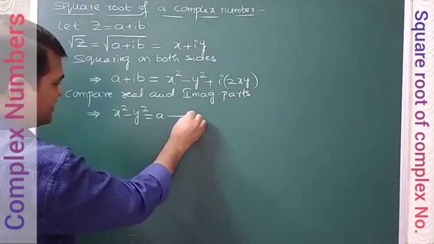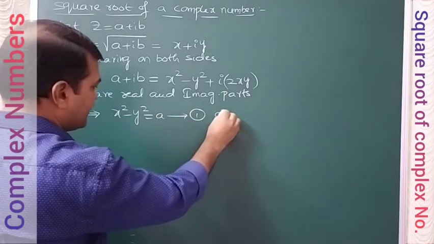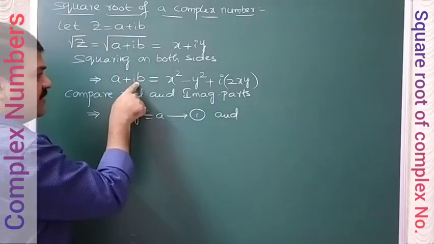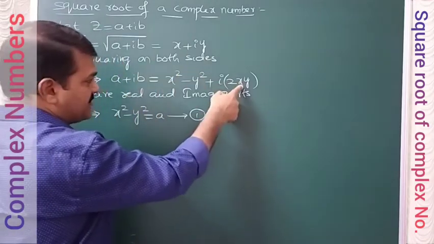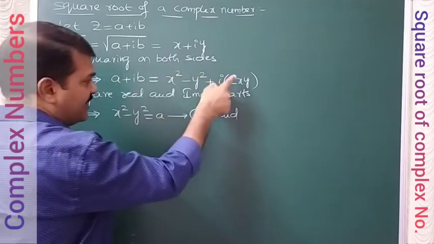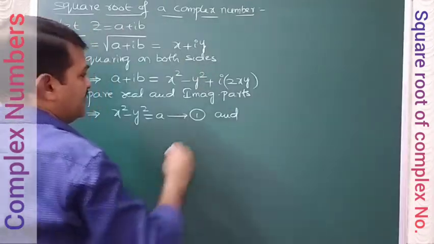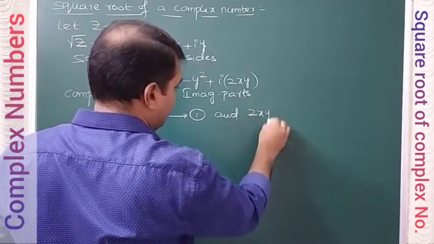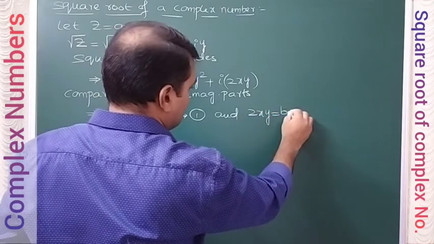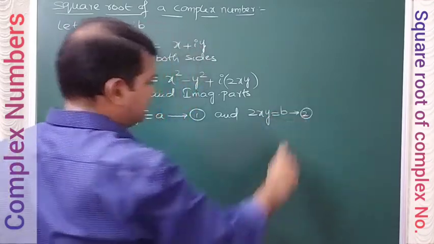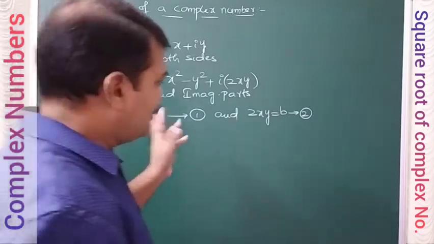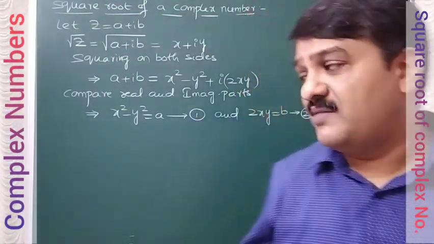Let us take this as the first condition. And b must be equal to 2xy, since 2xy is the imaginary part. So this is the second condition we got. Now solving these two, let us find x and y.